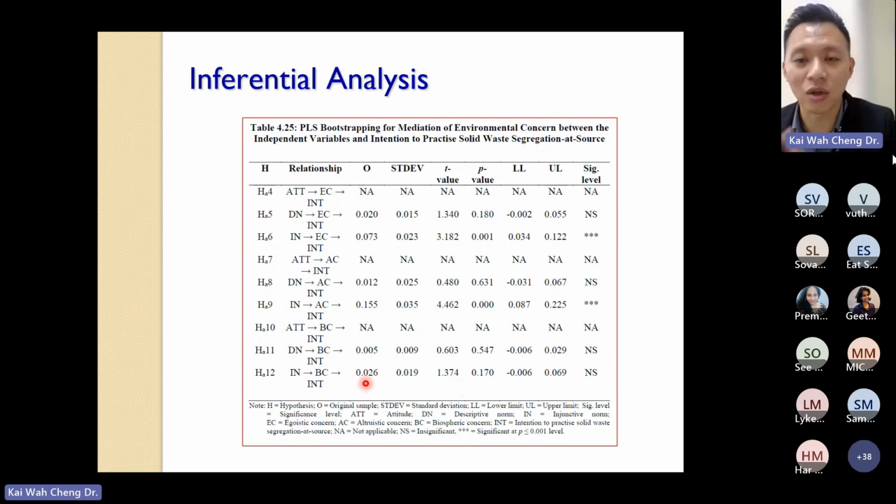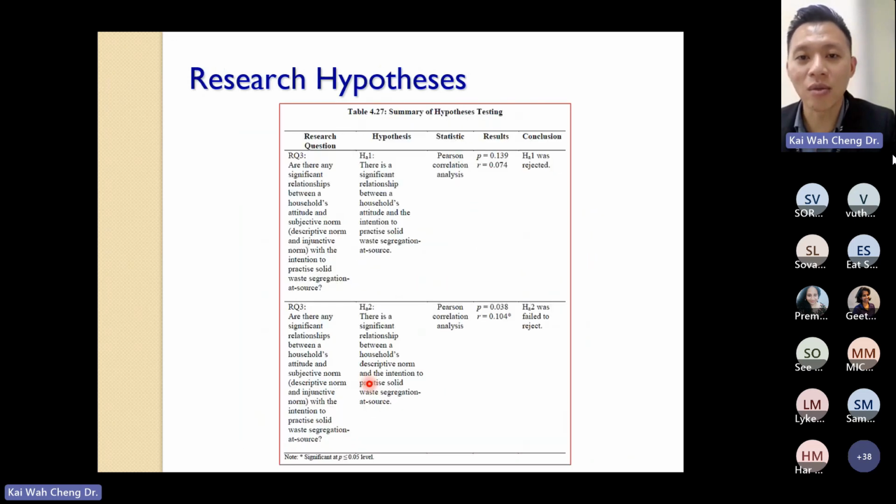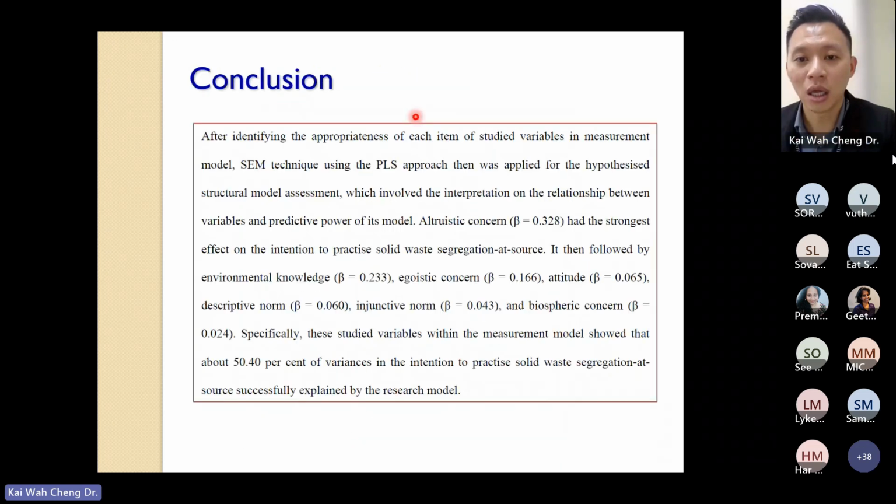You should understand your research output and put it in words, something like this. This is the way we interpret the information from the table, and this is the way we conclude what we have found from the research.